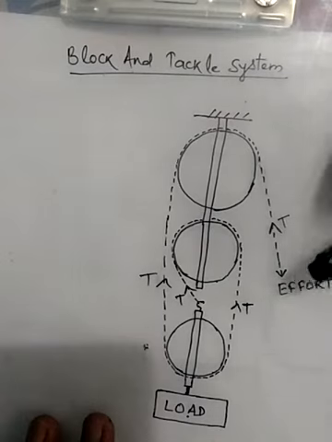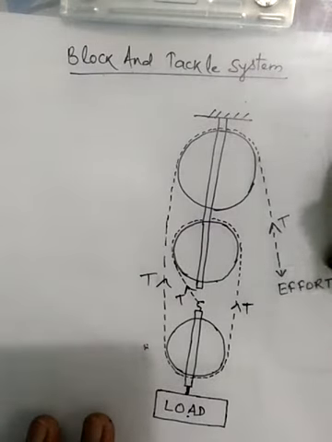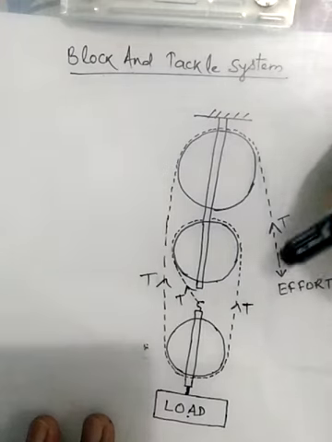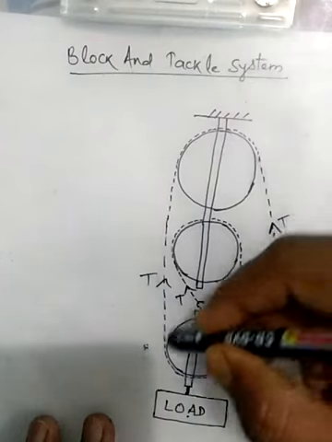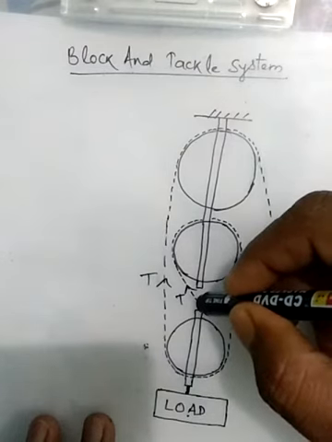One end of the string is the effort end and the other end of the string is attached to the movable pulley with a hook.